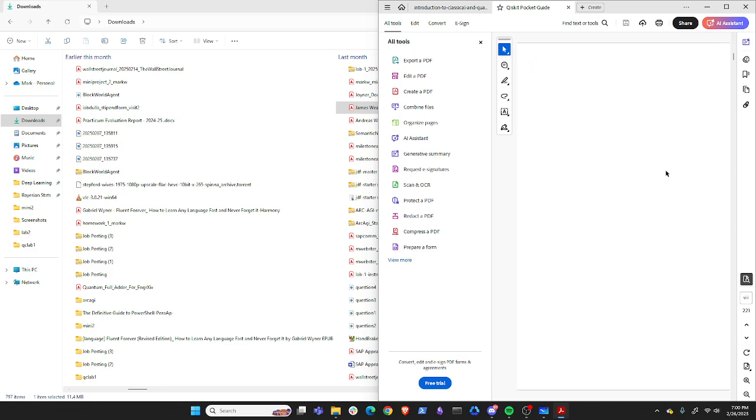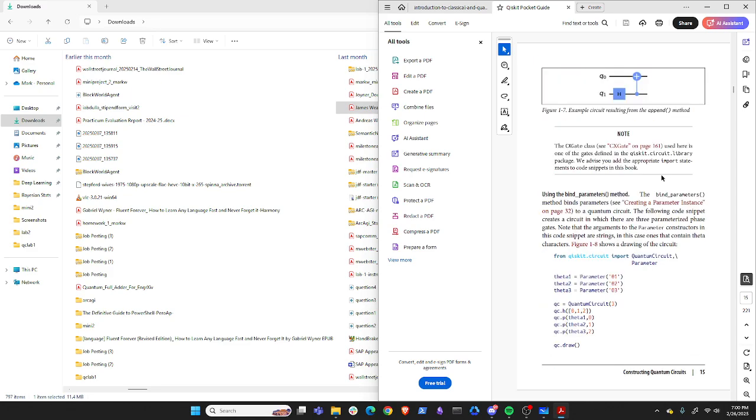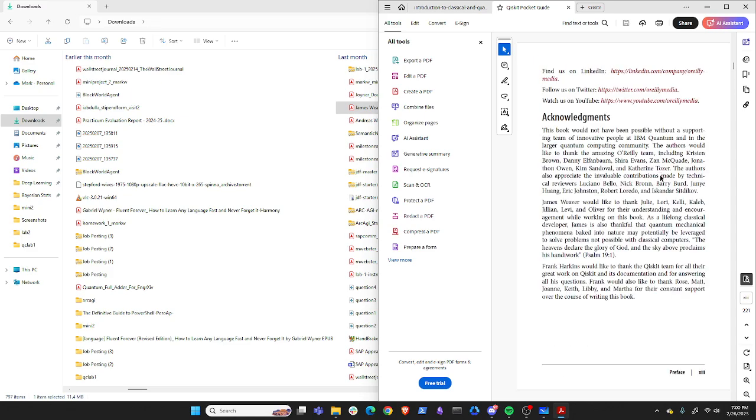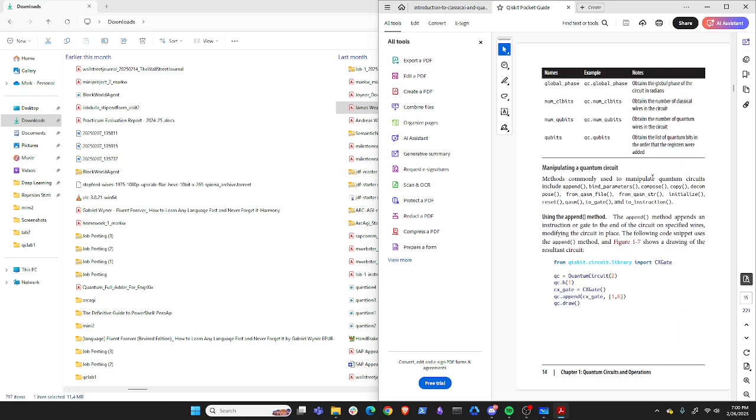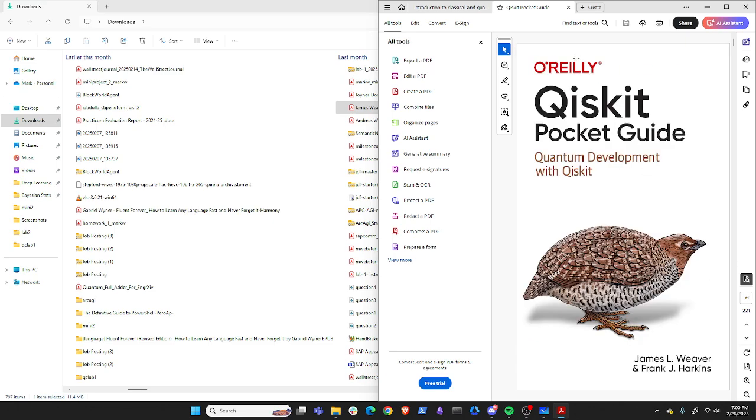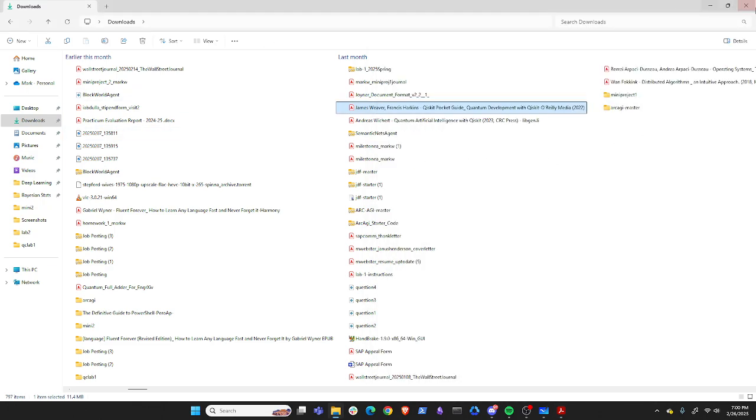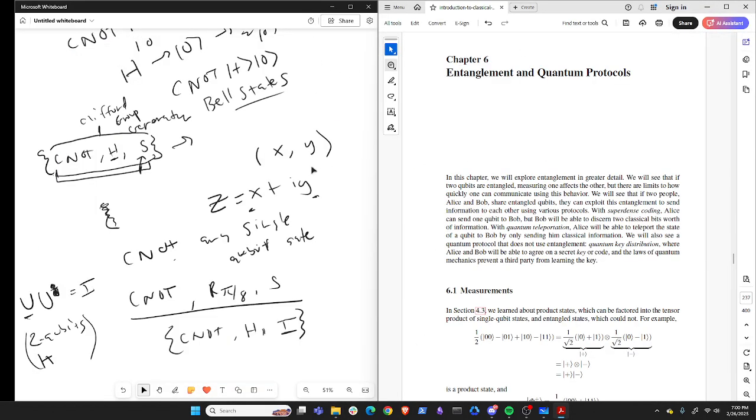It's a complete overview of how to do pretty much any circuit thing you need in Qiskit. It's like a 200 page PDF. Very cool. I found that much more useful than reading this chapter in Wong.